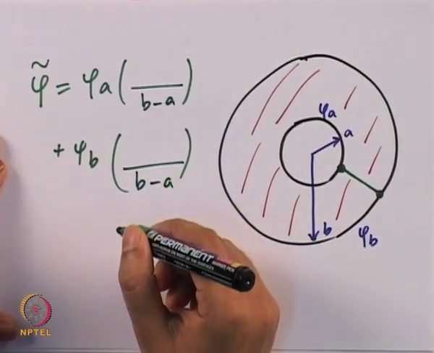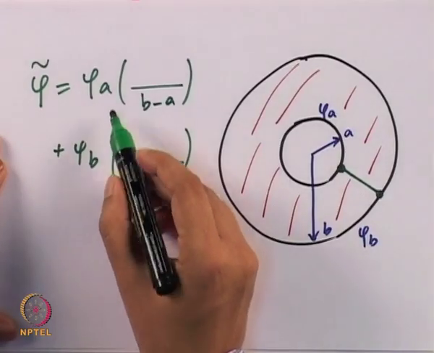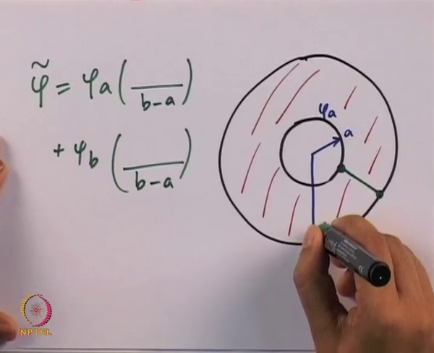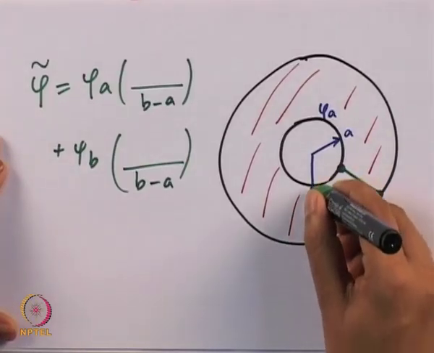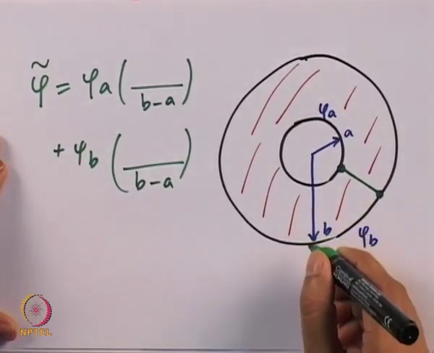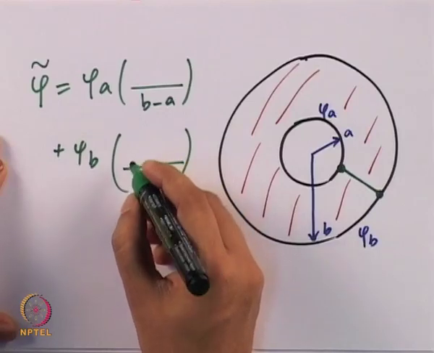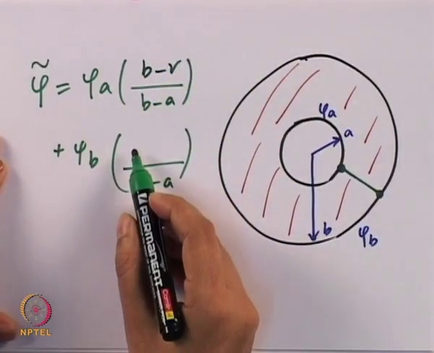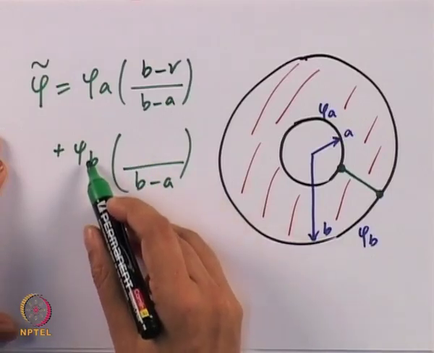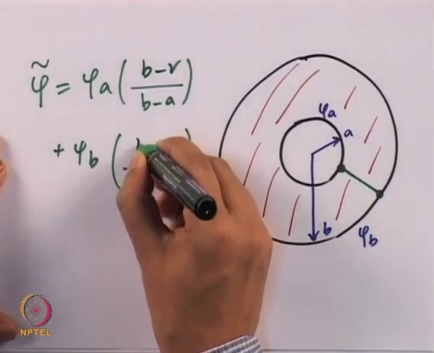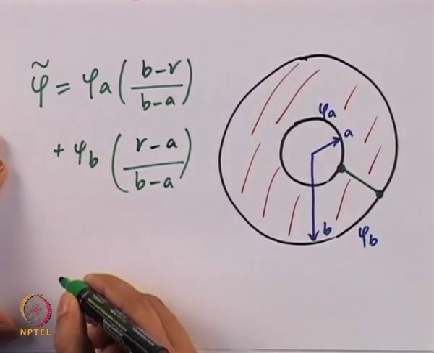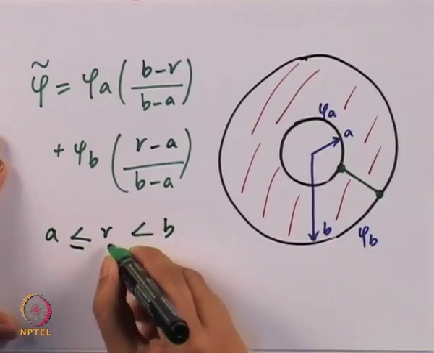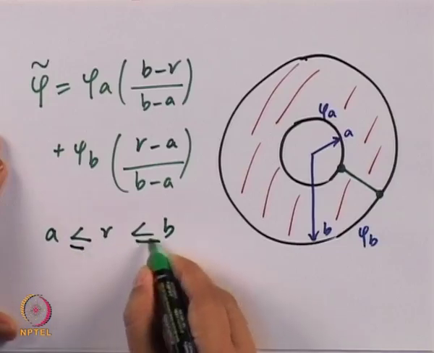The numerator for phi A is going to depend on B minus R. R is going to go from any value from A to B, so B minus R will be the weighting function for the first one, and the numerator for the second value, phi B, is going to be R minus A. We know that A is less than or equal to R is less than or equal to B.